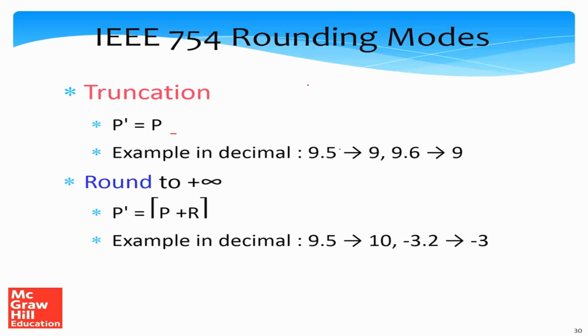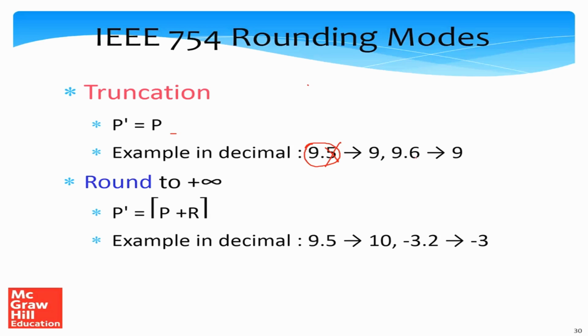So let's say I'm not allowed to save even a single digit after the decimal point. So in this case, what I will do is 9.5, I'll just round it to 9 and I'll completely discard the residue.